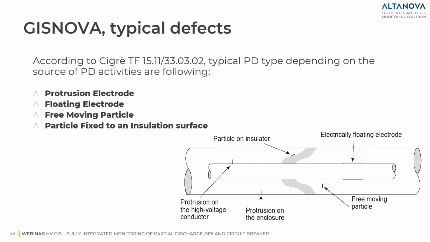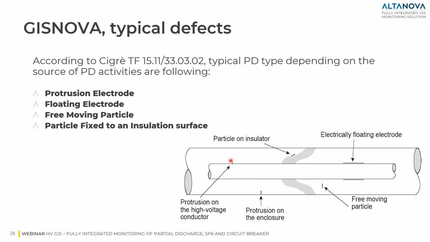Here you can see that according to the knowledge rules of partial discharge diagnosis and service, according hence to the CIGRE TF 15.11, typical PD in GIS are the following. As you can see even here on the scheme, we can have protrusion on the enclosure or protrusion on the high voltage conductor here.